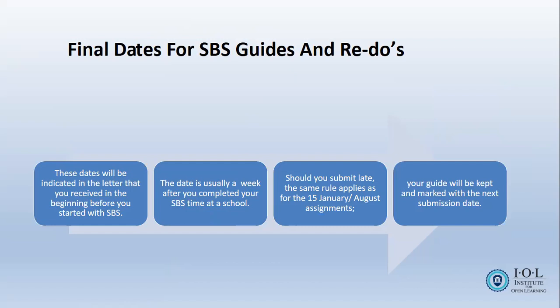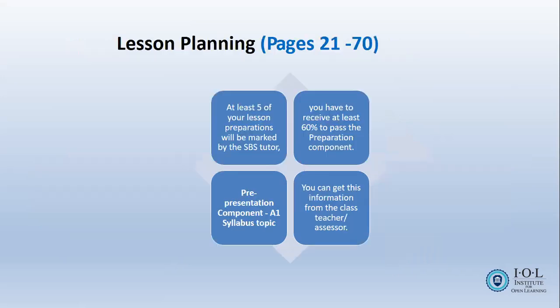The dates will be indicated in the letter that you received in the beginning before you started with your SPS, and the date is usually a week. It will be made very clear to you when this needs to be sent or submitted to IOL.